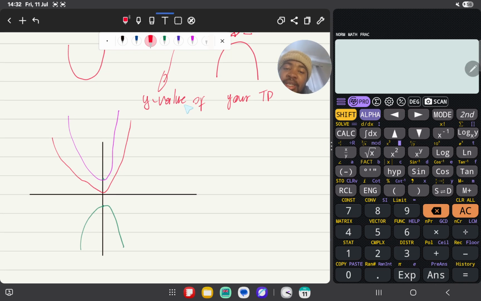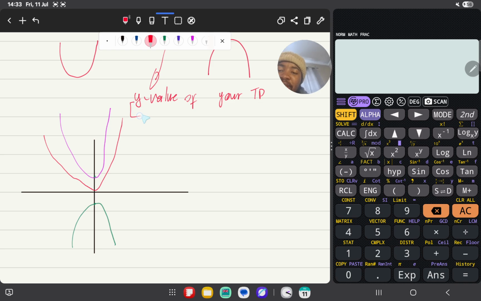So that's why I'm saying it's the y value. It's always the y value of the turning point, which in this case also becomes the y-intercept, where x equals 0, because anywhere on this y-axis, x is 0.